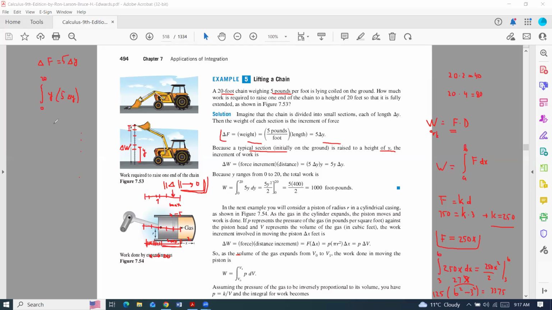So we end up integrating 5y dy. And once this explanation has been accepted, we can finish up with doing calculus, just taking the antiderivative, and it's all done here.